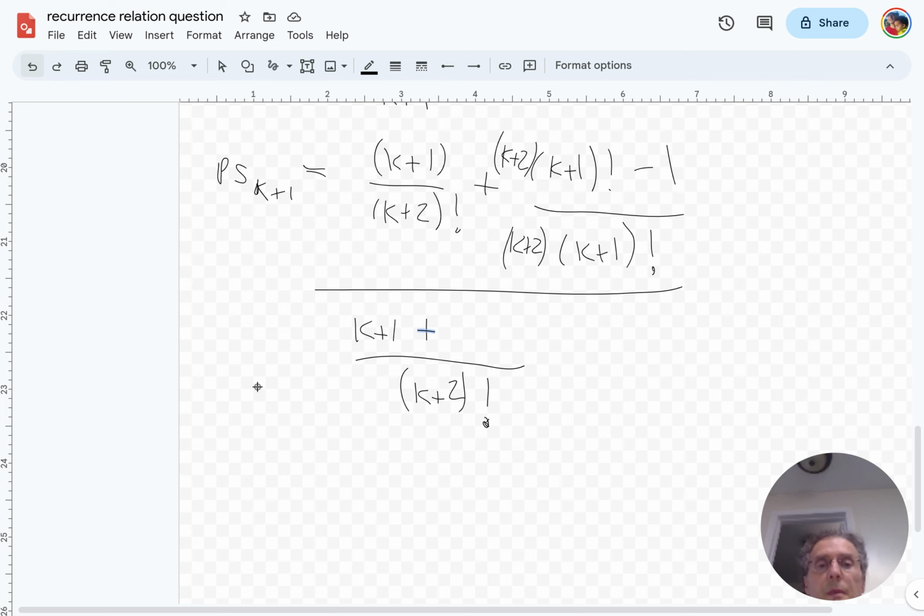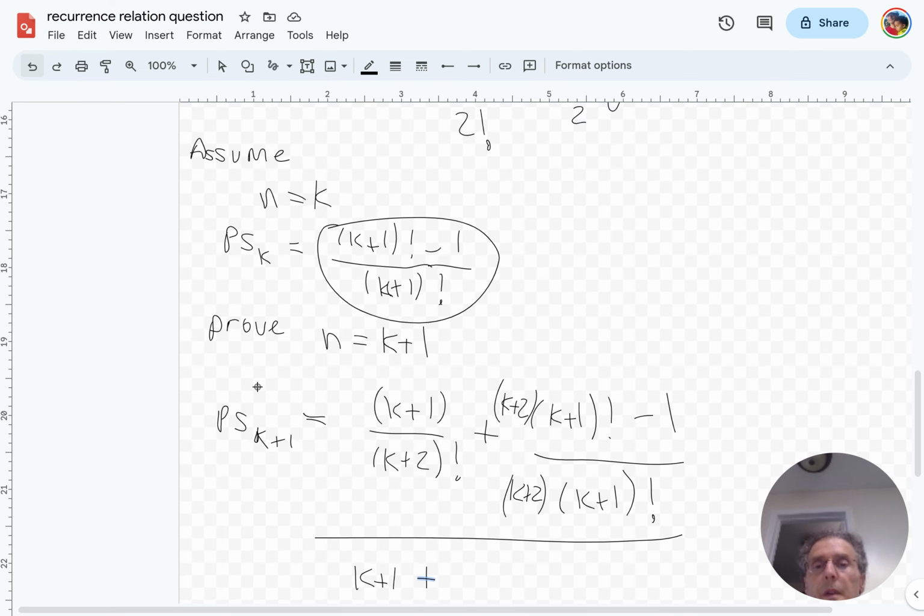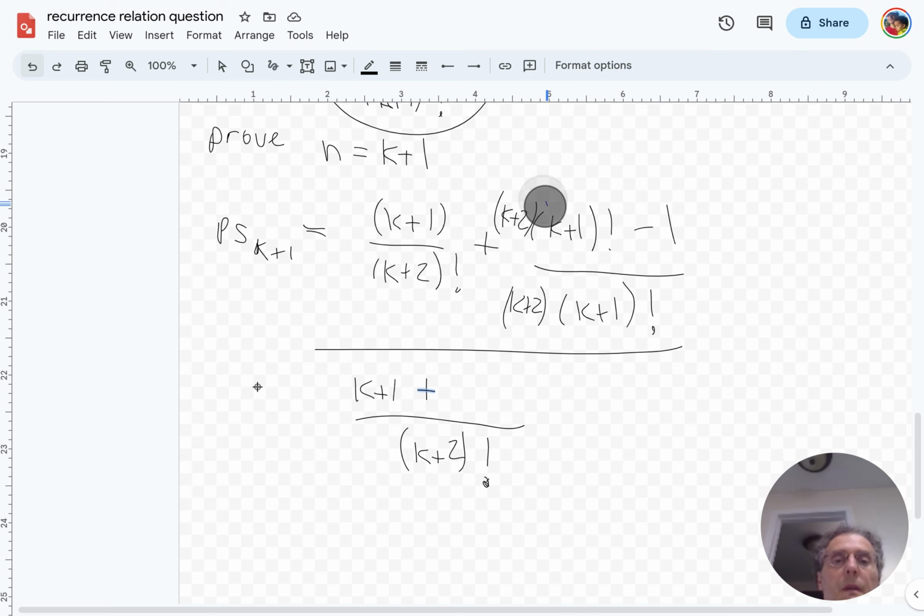Oh, but wait a second, that has to be multiplied across, so we have to be very clear that that's there, right? So let's multiply that out. We get a k plus 2 factorial minus that quantity k plus 2, right?